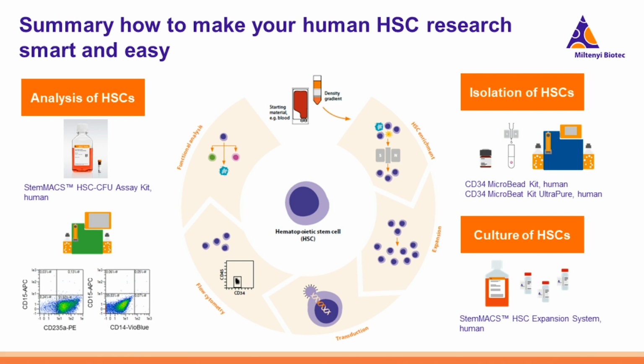After talking about the flow cytometric characterization of the HSC phenotype, we focused on the functional analysis. Besides the conventional assay, I presented the StemMax HSC CFU assay kit, which convinces with easy handling, a user-independent flow cytometric readout, and clear results.